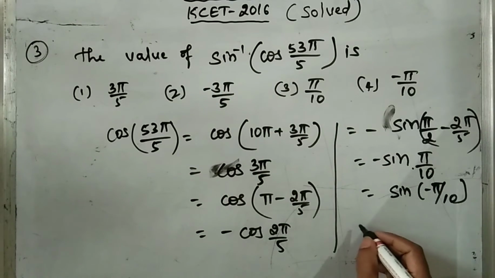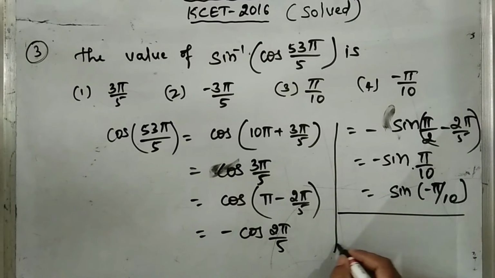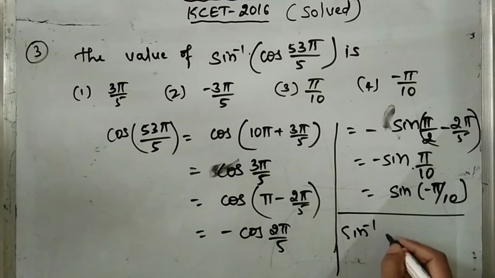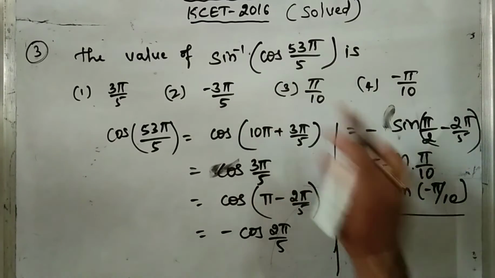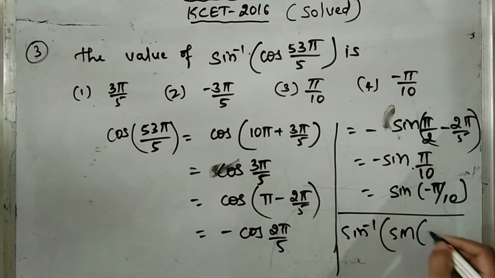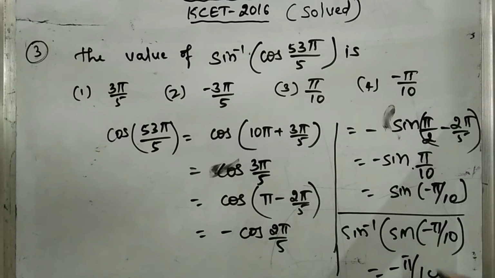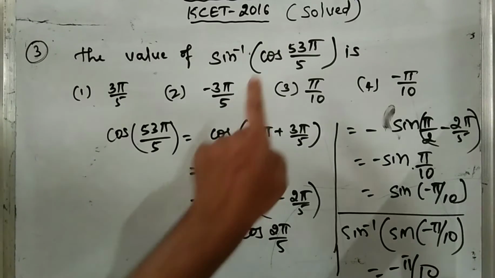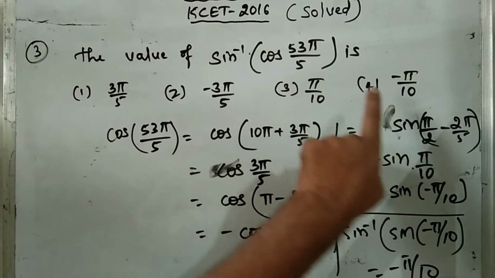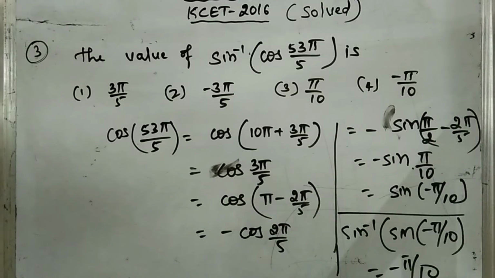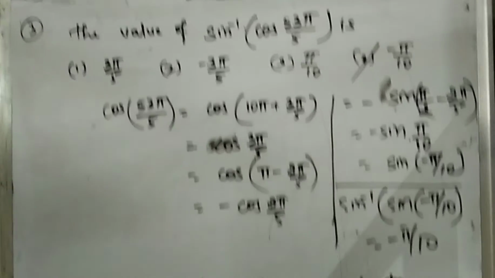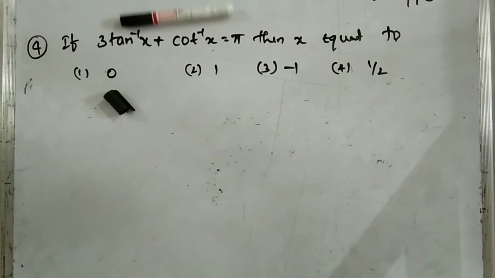The sine inverse of sin(−π/10) becomes −π/10. The value of this inverse trigonometric function is −π/10. This option is right. Understood? Now let me move on to the next one.